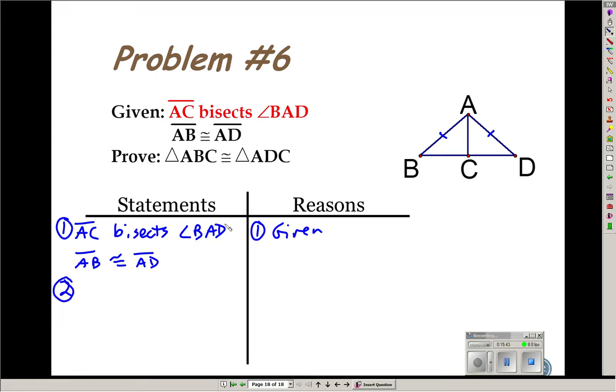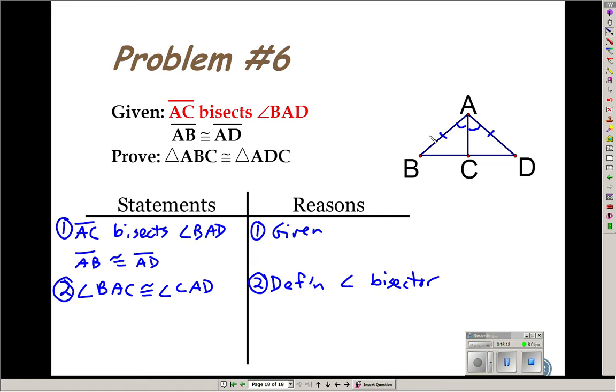Since I have an angle bisector, I know that those angle halves are congruent. So I can say angle BAC is congruent to angle CAD. Why are they congruent? Well, that's what an angle bisector does. That's the definition of an angle bisector. Anytime you have an angle bisector, make the angle halves congruent, and the reason is the definition of an angle bisector.